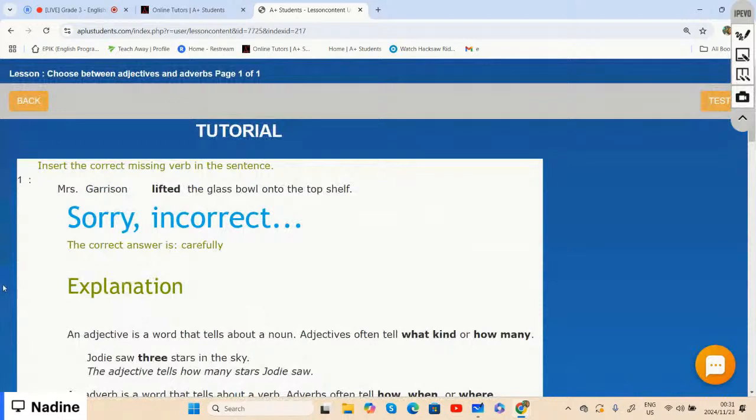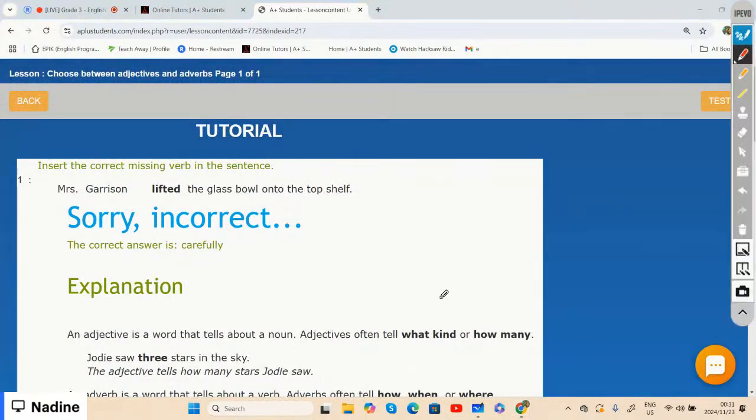So we're saying Mrs. Garrison, we need to choose the correct word between brackets. Do we say careful lifted the glass or carefully lifted the glass?